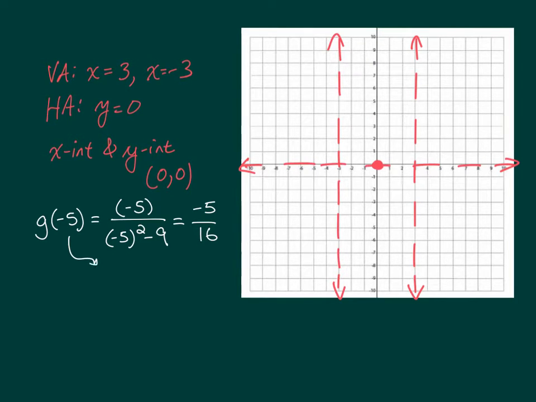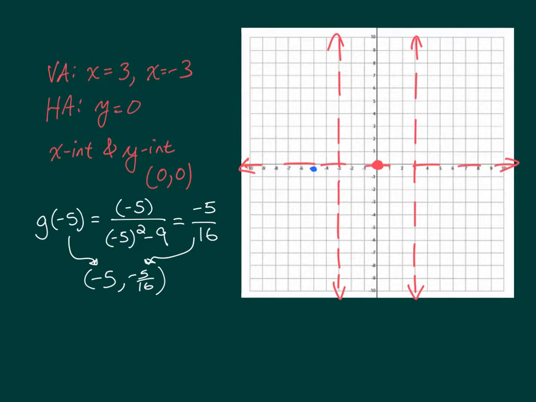So the input is negative 5, the output is negative 5 over 16, which means when we look back at the graph, this ordered pair tells us to go left 5 and down a little bit, about right there.